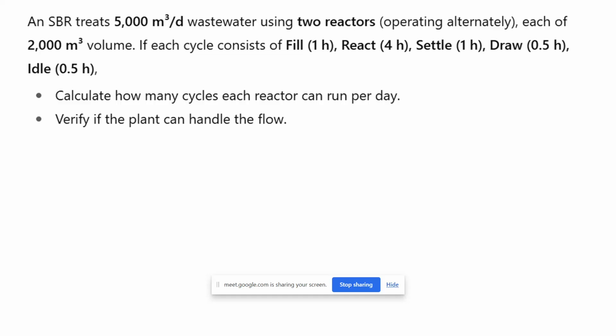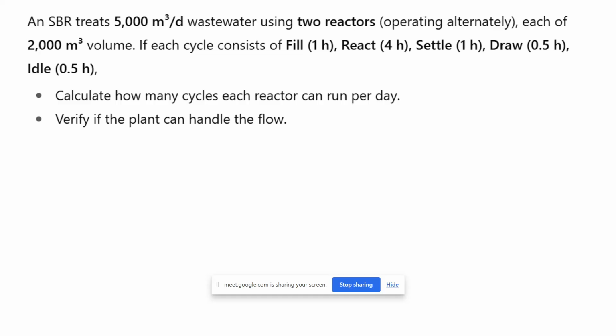One reactor can handle 3.42 cycles in a day, but we have two tanks operating simultaneously, so multiplied by 2, both reactors together handle 6.84 cycles. That is the answer for the first subdivision.